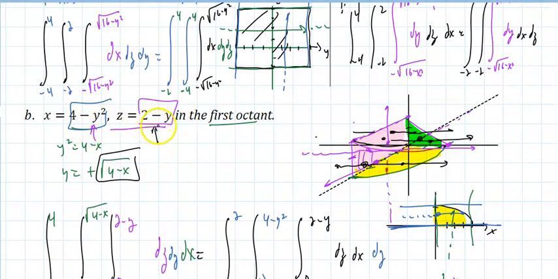I'm going to substitute what y equals. Y equals 2 minus z. Take that and put that right there. And that's going to be x equal 4 minus (2 minus z) squared.